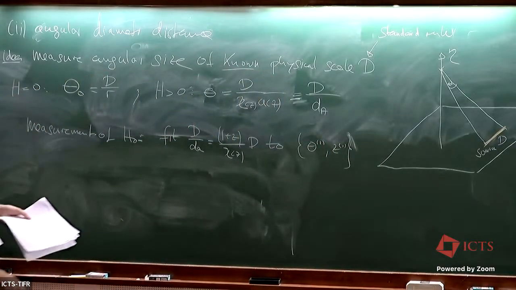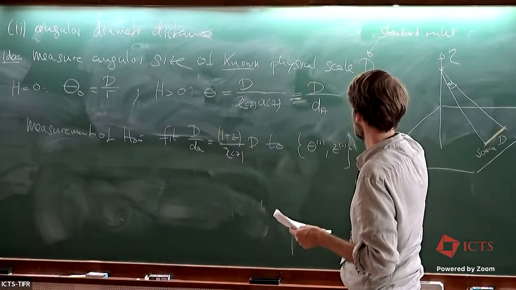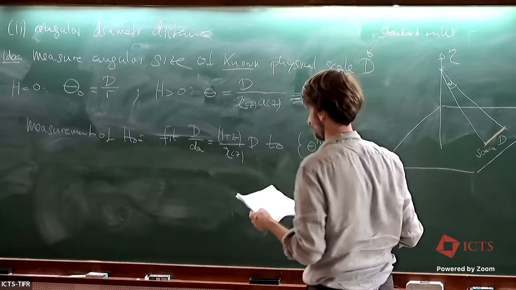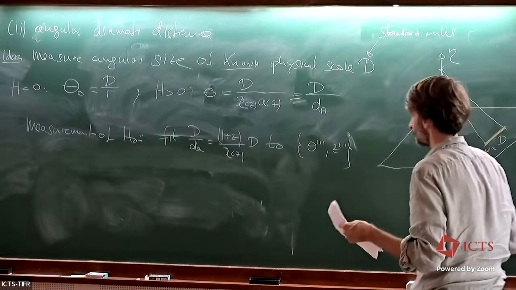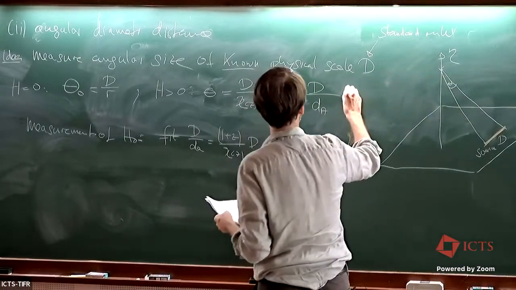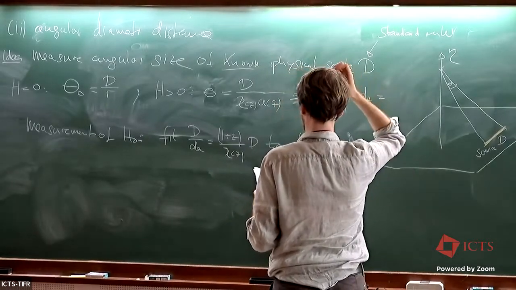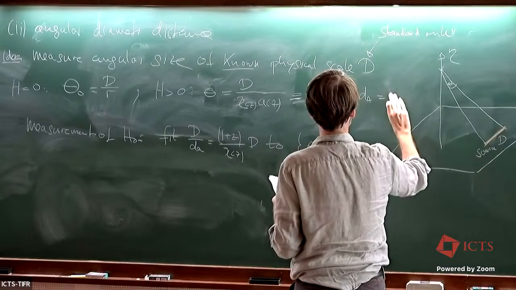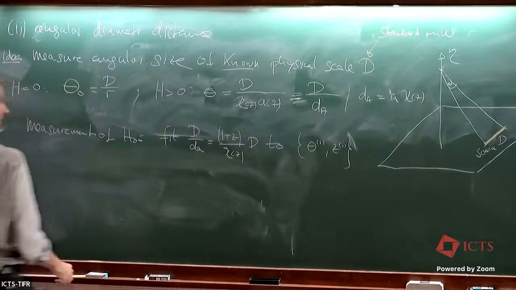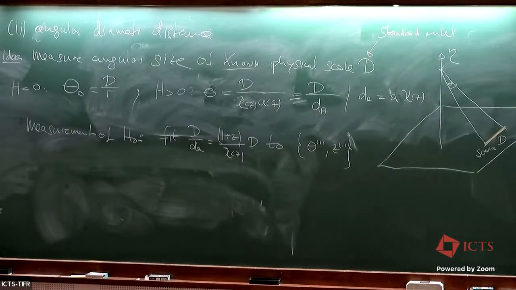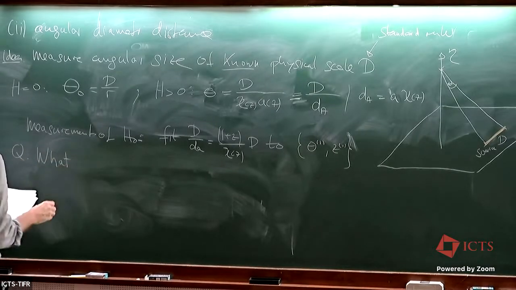And by doing that, again, we get the angular diameter distance. And then by knowing how it is defined, we learn about the expansion history. Okay. So the question, of course, is what is that standard ruler?